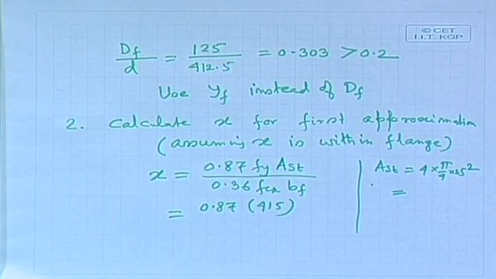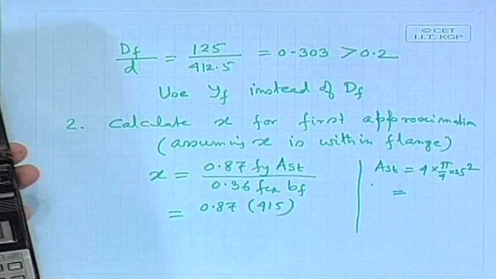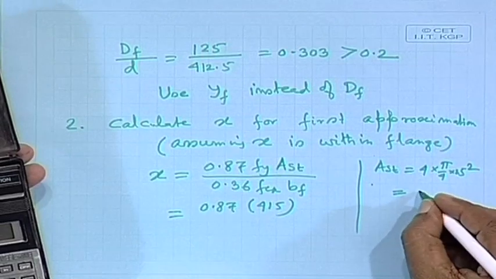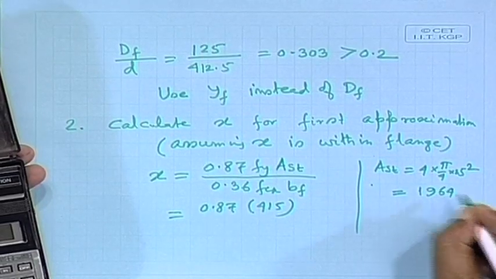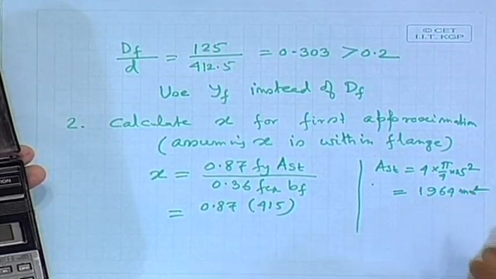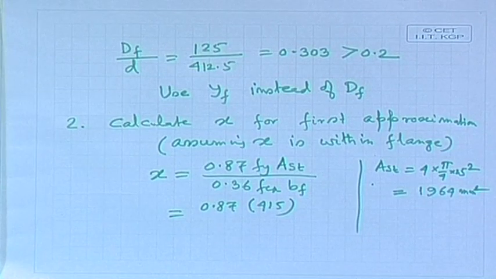How much is it coming? Into 1625 into 4, so I can take it as 1964 square millimeter.